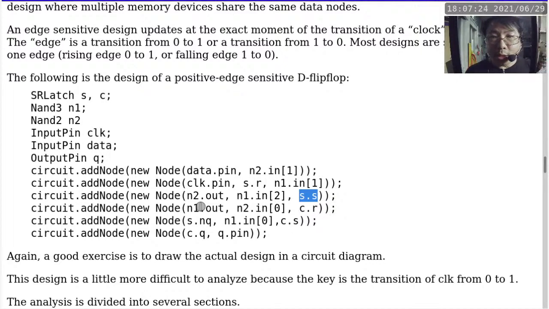Alright, so I got that. And now we also want that wire to connect to the third input pin of N1. So the third input pin of N1. There we go.